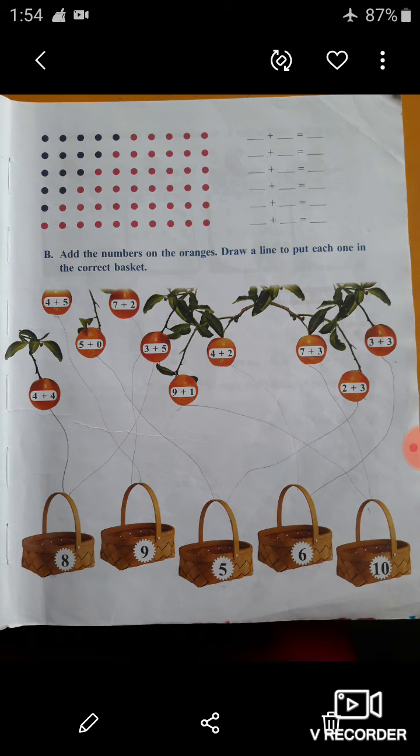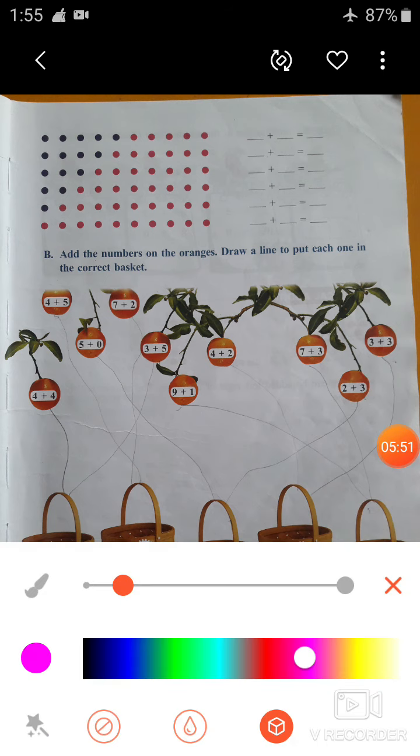Here we have to add the numbers on the oranges. Draw a line to put each one in the correct basket. So students, here we have to add the numbers that are given on the oranges, and then draw a line to put each in the correct basket. So let's do the first one.